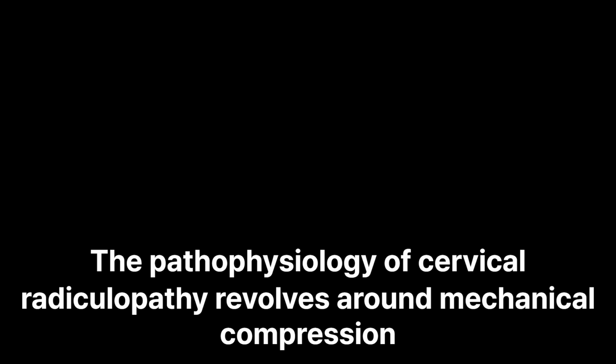The pathophysiology of cervical radiculopathy revolves around mechanical compression and the resulting inflammatory response. When a herniated disc protrudes into the intervertebral foramen or osteophytes form around the facet joints, the nerve root experiences both mechanical stress and chemical irritation.